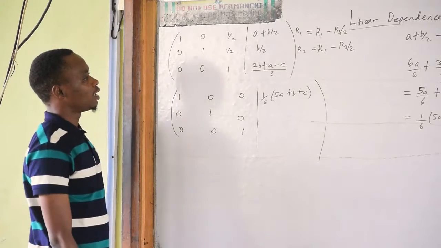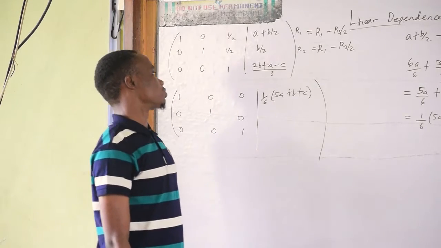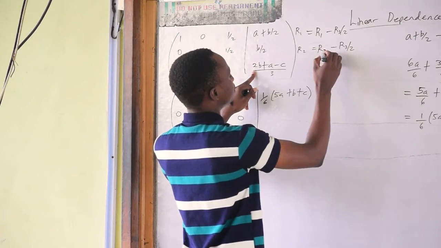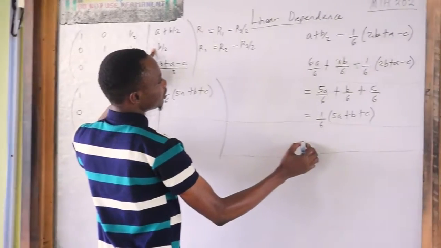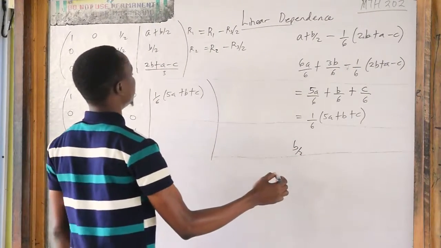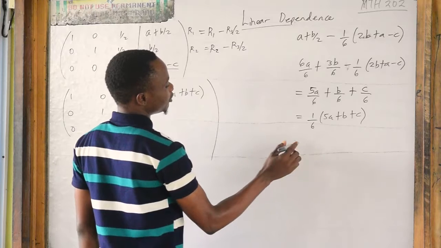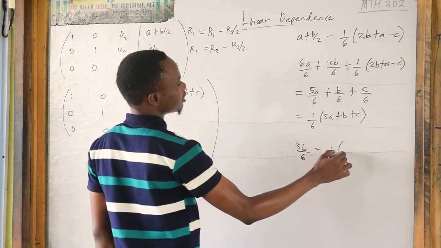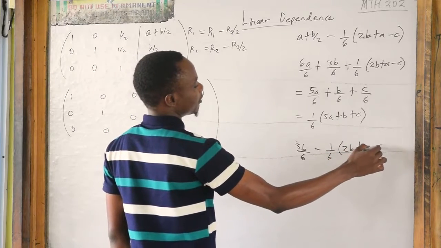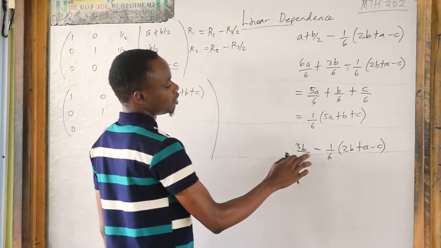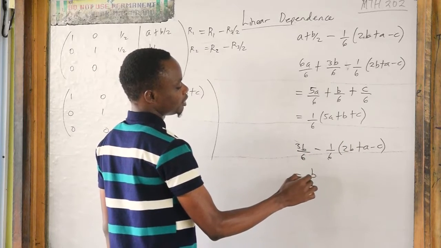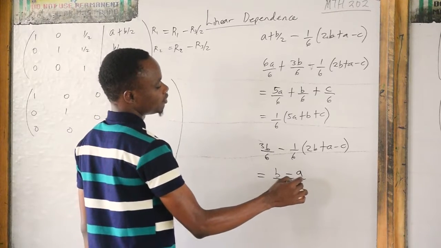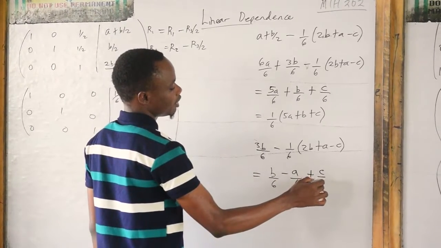Then for the second part, R2 minus R1 over 2. What would that equal? This is going to be B over 2 minus 1 over 6 into (2B plus A minus C). This is equal to 3B minus 2B, that is B over 6, and now minus A over 6 plus C over 6.